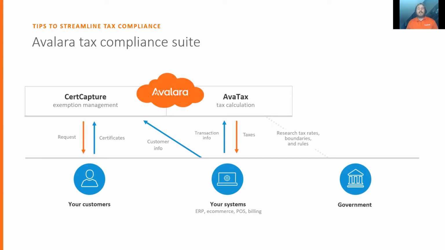Because we have all this data in detail, we then also have the ability to file your sales tax returns. So not only can we calculate the proper sales tax real time upfront, we also can manage the life cycle of those exemption certificates. And then on the very end of this, the treasury, the remittance, and the actual filing of your sales tax return.